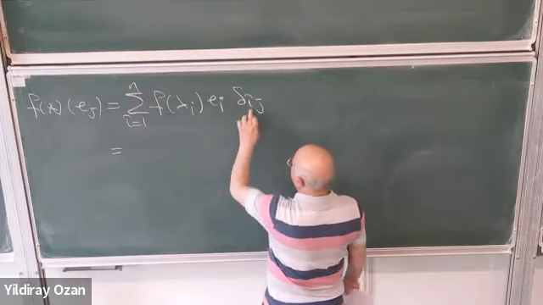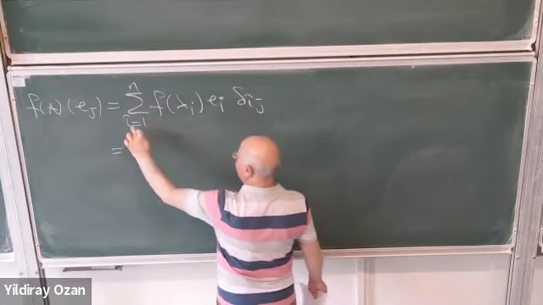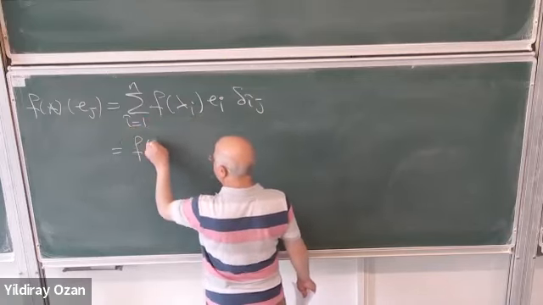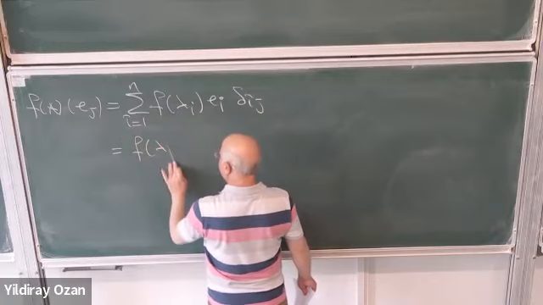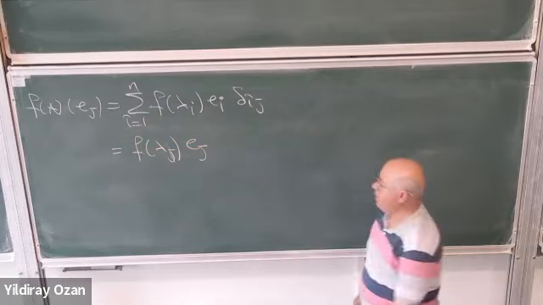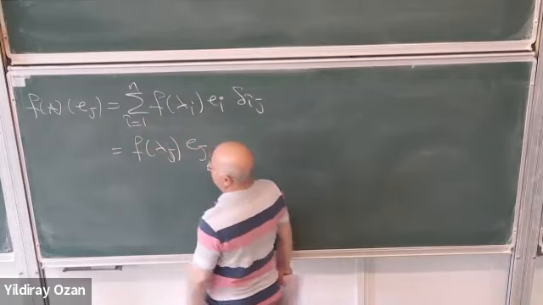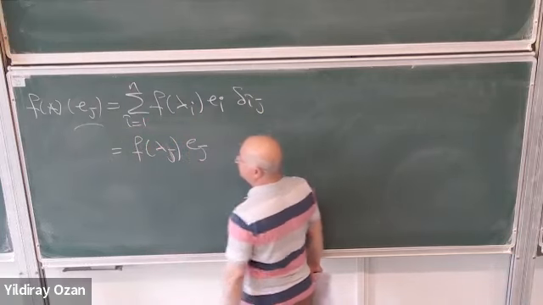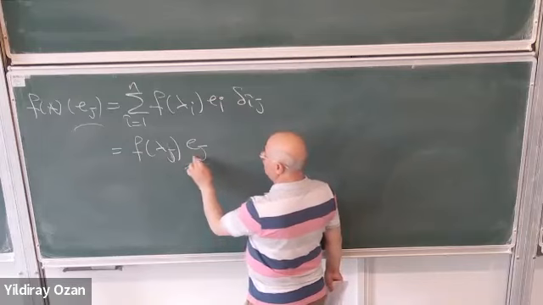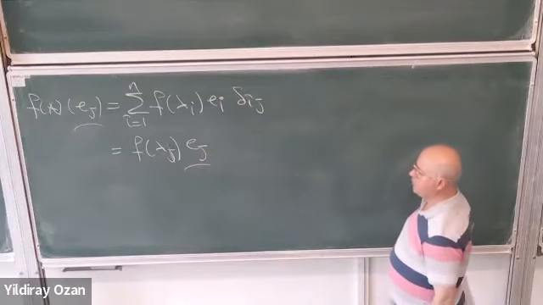It is 1 if i and j are the same. So all these terms are 0 except i equals j, and then we have just e_j here. So the jth element is just mapped to the jth element times f of lambda_j.